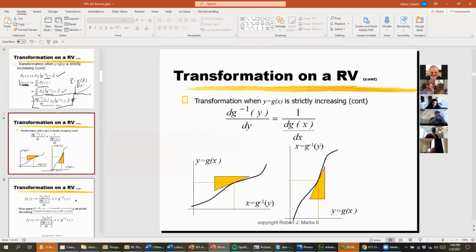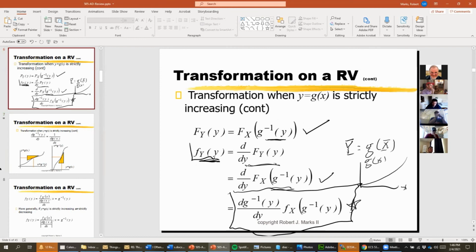So for this reason, and by the way, notice that this is nothing more than x, right? Because x is equal to g inverse of y. And this, we said, is 1 over the derivative in the other way of looking at it.